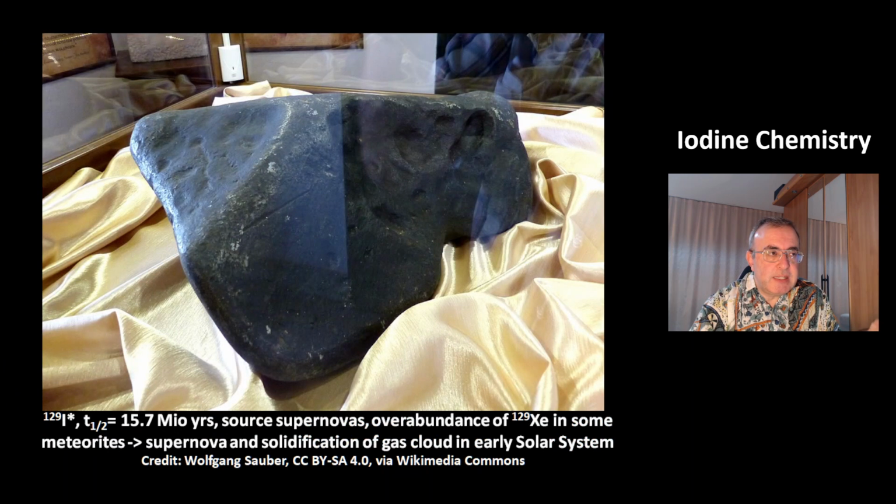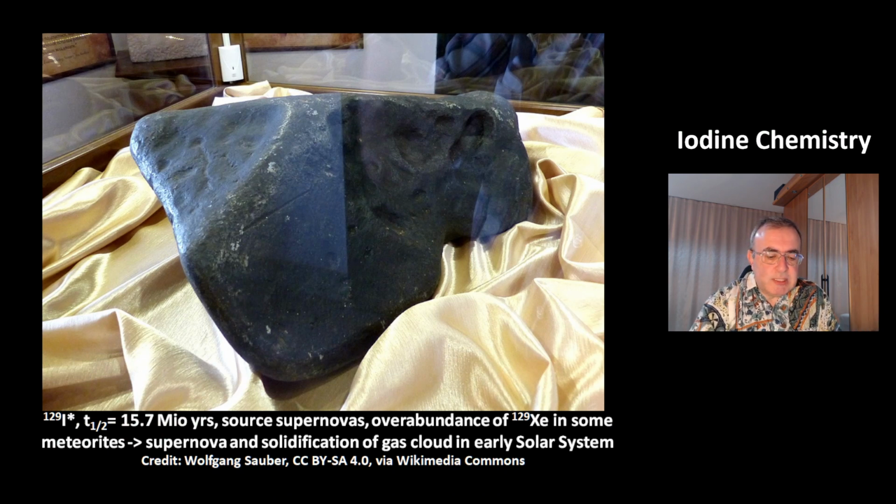A picture of a nice meteorite. There's another radioactive isotope, iodine-129. It has a half-life of 15.7 million years. Its practically only source is supernovas. And in some meteorites, there was an overabundance of the isotope xenon-129.